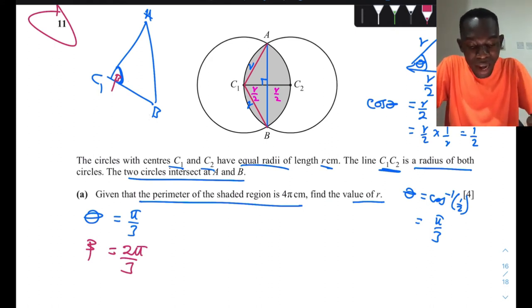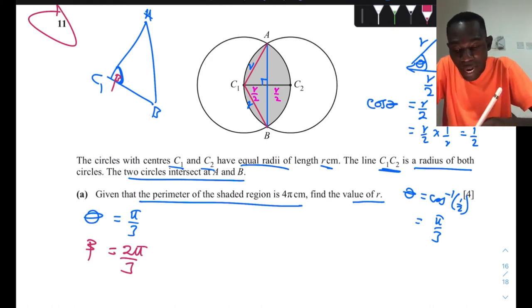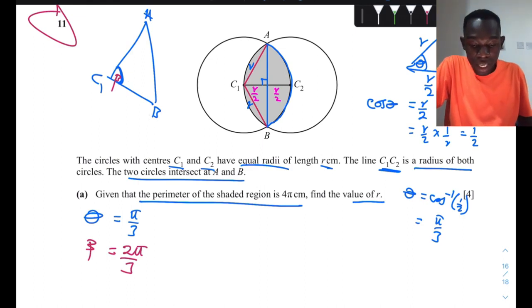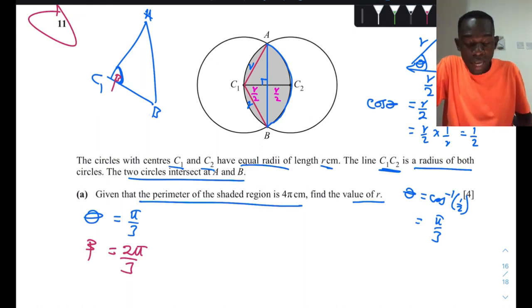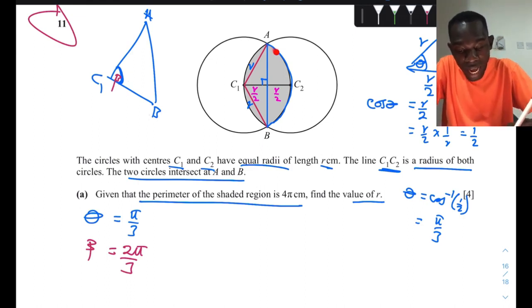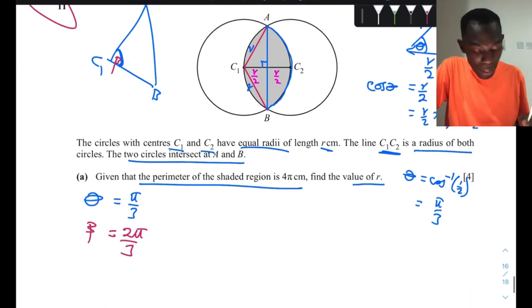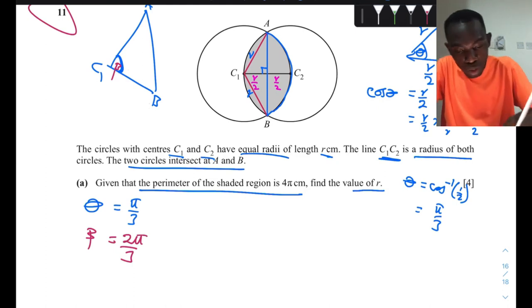Why am I doing this? If I know the value of beta, then I can find the arc length right here. And if I know the arc length, then I can multiply it by 2 because the arc length over here is the same as the arc length over there. Then I can know the perimeter of these two arc lengths, and I'll equate it to 4 pi. Then I'll solve for r. So that's the plan.